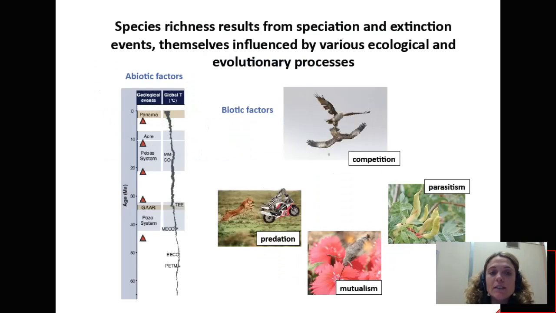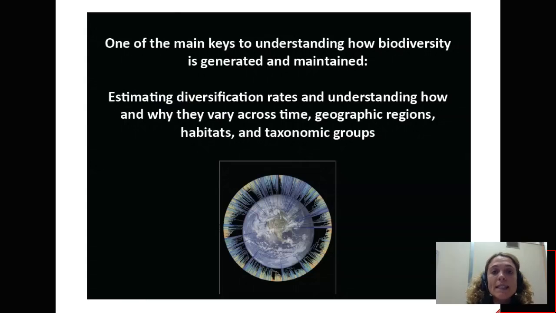Obviously, species richness is very complicated and determined by many various ecological and evolutionary processes. But at the end of the day, species richness results in the balance between speciation and extinction events. So one of the main keys to understanding how biodiversity is generated and maintained is to find robust ways to estimate diversification rates and to try to understand how and why they vary across time, geographic regions, habitats, and taxonomic groups. This is what we do in my lab.